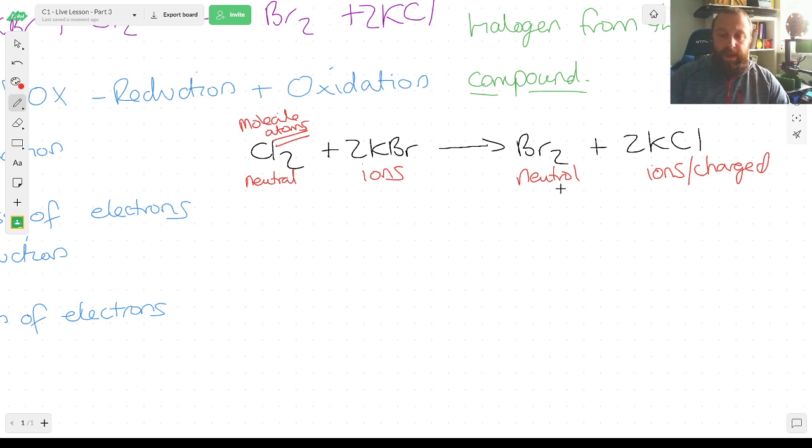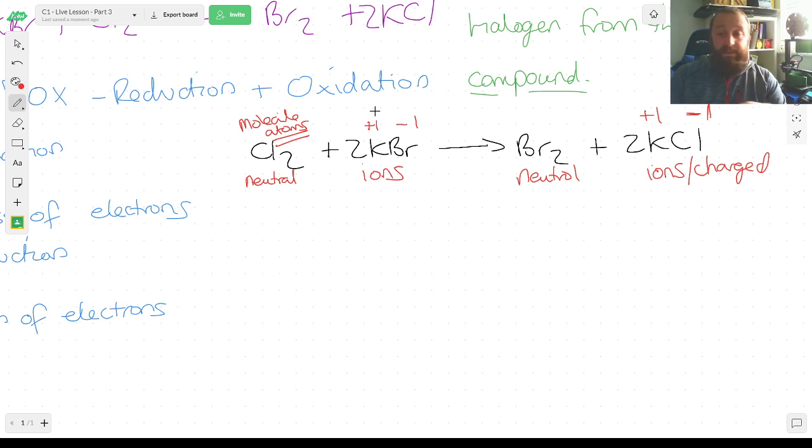Now, the reason I've put that down is, if you think about it, chlorine, in order to go from a neutral charge to an ion, must have gained electrons. We know that it's in group 7, so therefore it's going to form a -1 charge. Potassium's in group 1, so it forms a +1 charge. If I look over here, potassium's +1, bromide is -1.